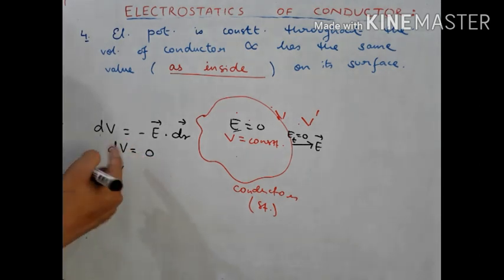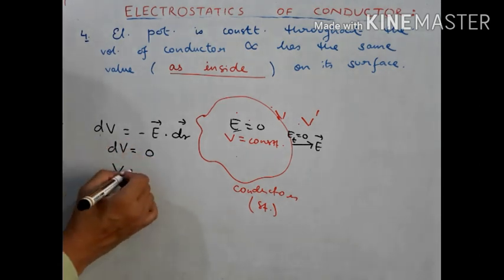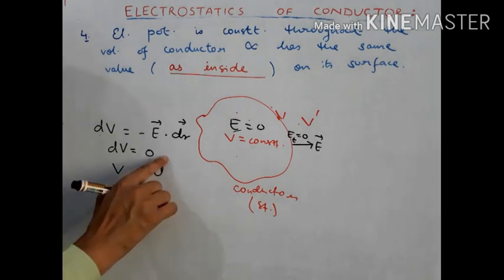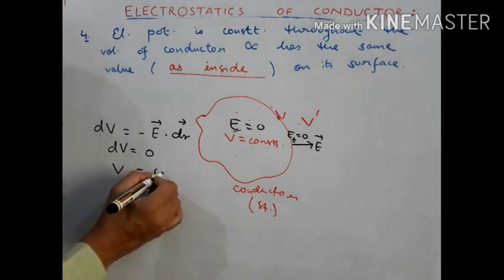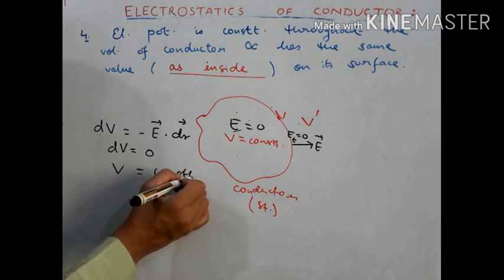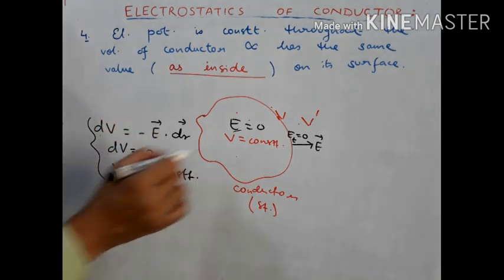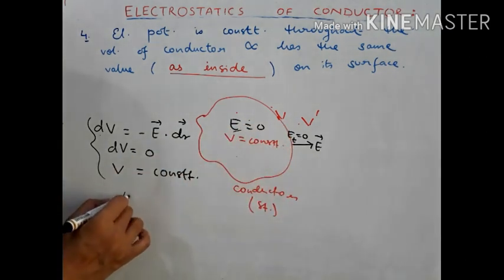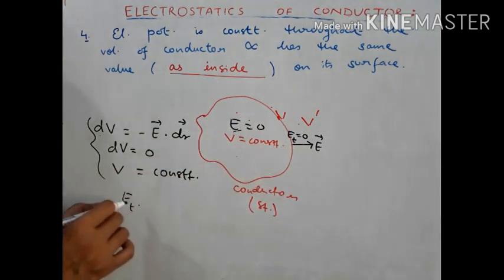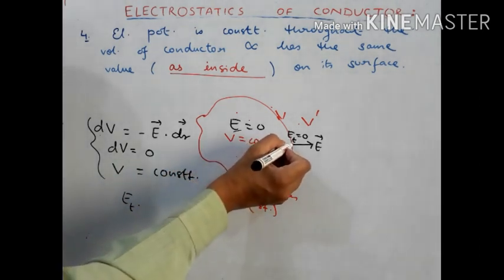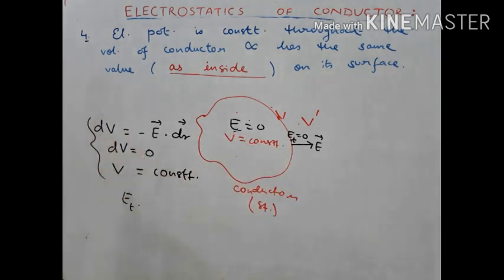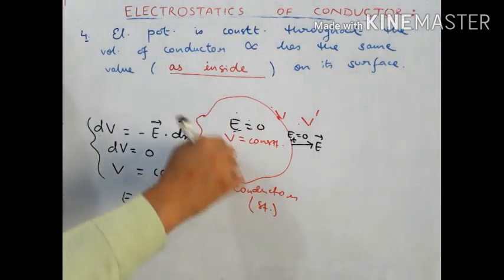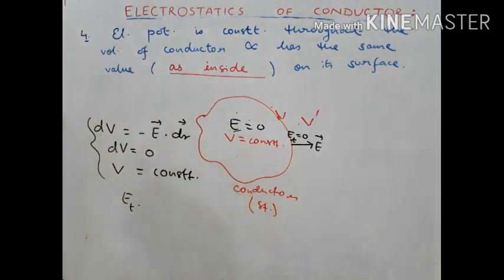If change is 0, that means it is not changing, and if it is not changing, we'll write V is how much? V is constant. The same argument you will have for the surface of the conductor. On the surface of a conductor, E_t is equal to 0. So therefore there is no difference in potential between 2 points on the surface of the conductor, and therefore electrostatic potential is the same at any point inside the conductor or on the surface of the conductor.